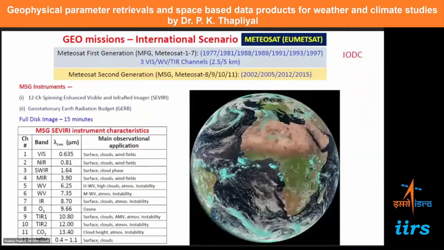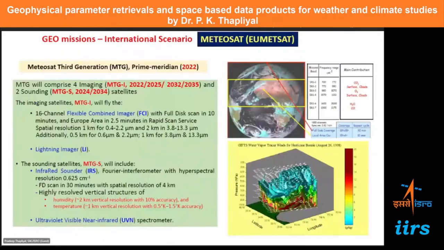Next is the geostationary satellite from Meteosat. If you go to the latest version, they have 2 satellites, MTG-I, Meteosat Third Generation, the first of which was launched in 2022, and the second will be launched in 2025. Then they also have MTG-S for sounding. This is hyperspectral sounding from a geostationary platform.